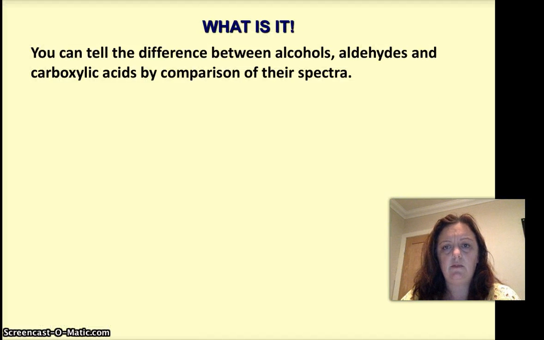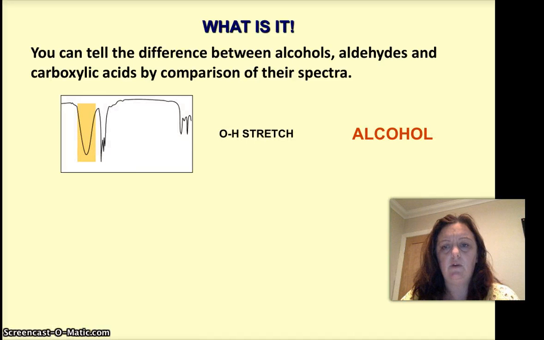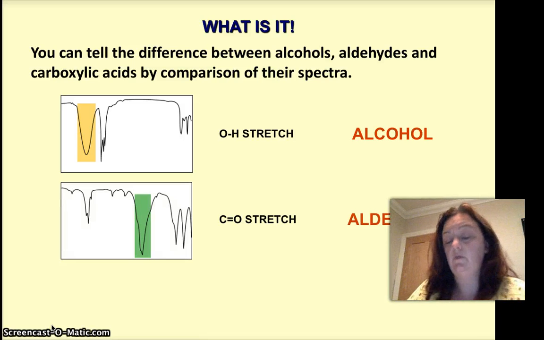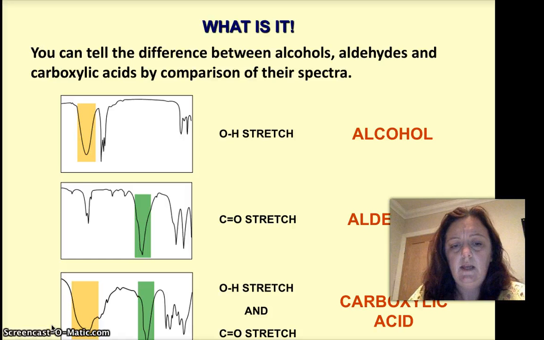So these are the three that we've looked at. We've got an OH distinctive peak. You have got an aldehyde, C double bond O, or a ketone. And finally you've got a carboxylic acid where you have both, but the OH is much broader than it would be in an alcohol.